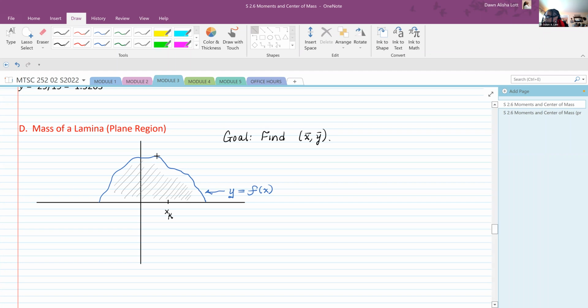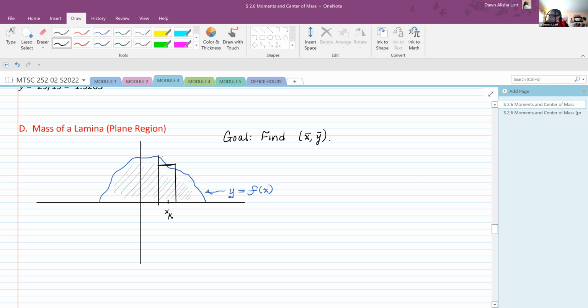I'm going to get a region about xk, maybe not that big. As you can see, f of xk is right about here, so I'm going to make this thing exactly that high.